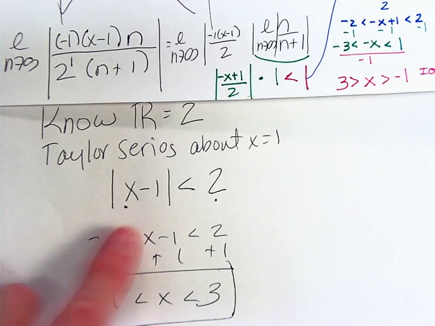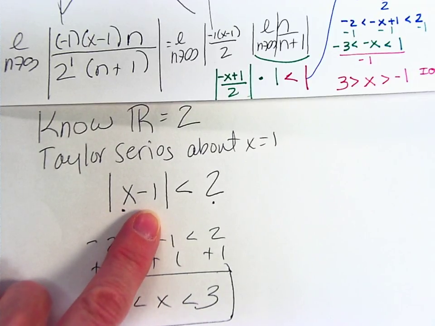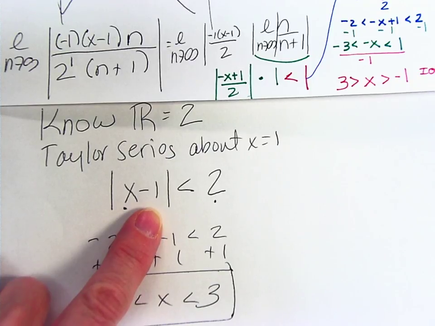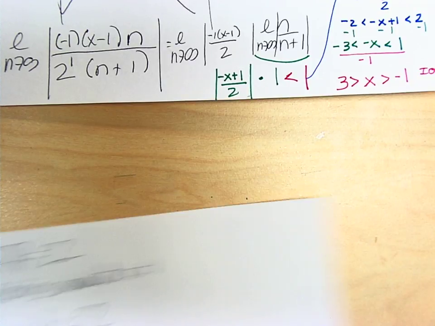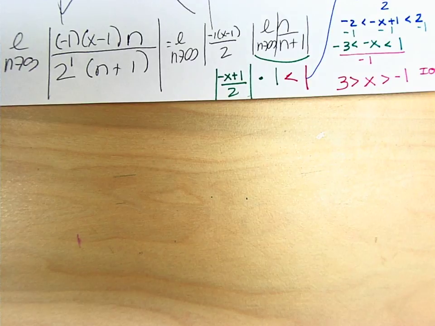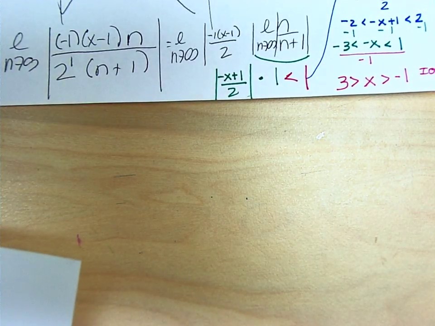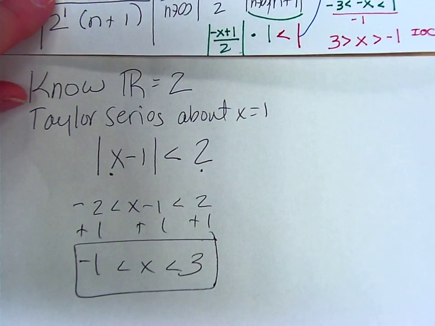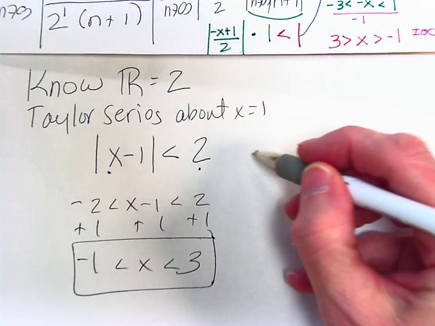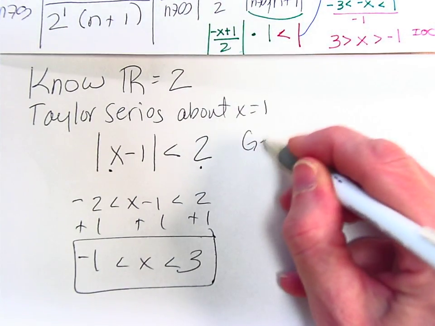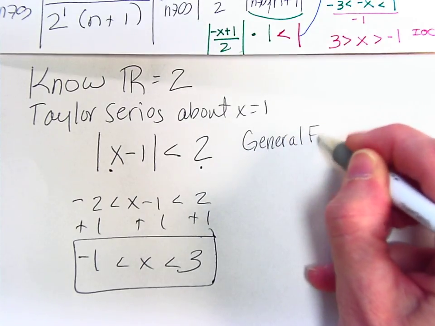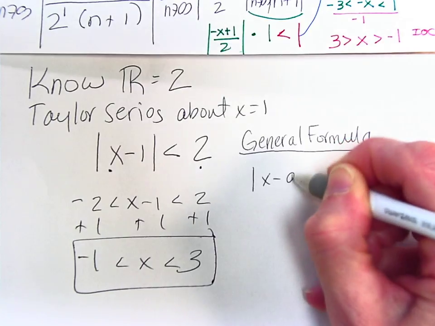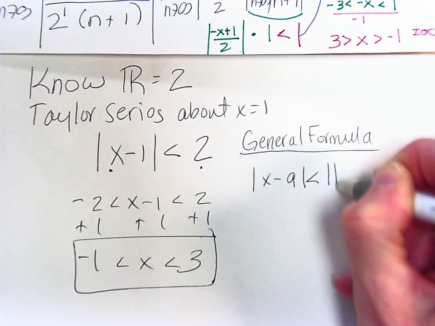If it had been a Maclaurin series, what would be different here? It would just be x. Good. Very good. Is it always x plus 1, or is it whatever the x is equal to? Right, because the general formula for this is the absolute value of x minus a less than the radius of convergence.